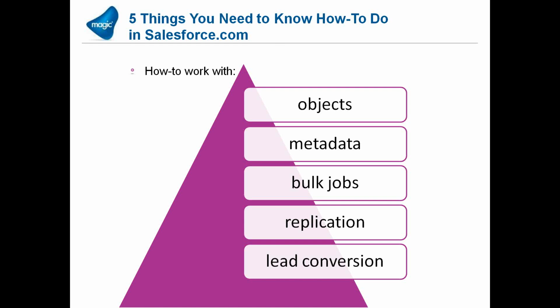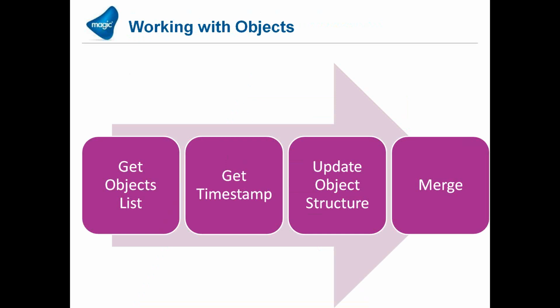Magic XPI gives you capability for dealing with all of these various aspects of Salesforce, and the objects, of course, is the most powerful. Working with objects means that you have the ability to work with any Salesforce object, including custom objects, including applications that are built on the Force.com platform other than Salesforce CRM. So it's literally any object on the Force platform, not just within Salesforce CRM or various modules of Salesforce that you might have at the various levels of Salesforce that you purchased.